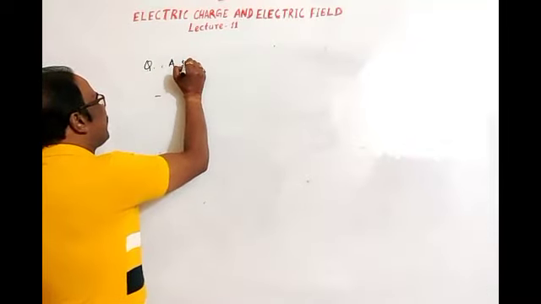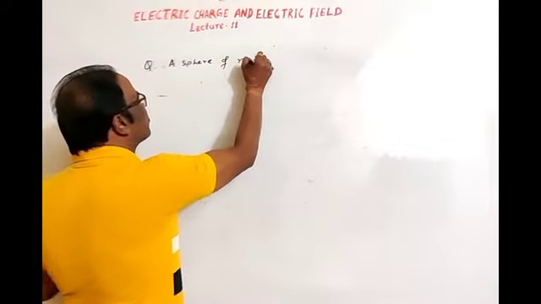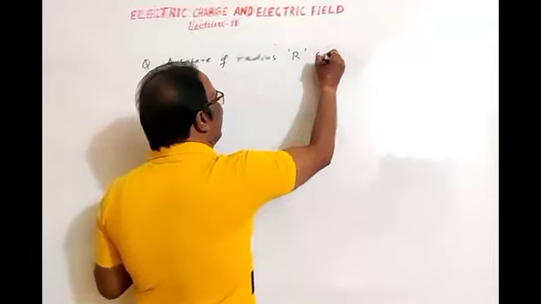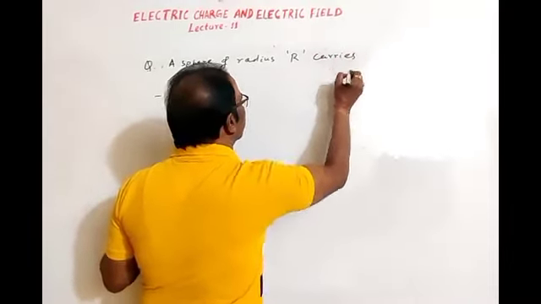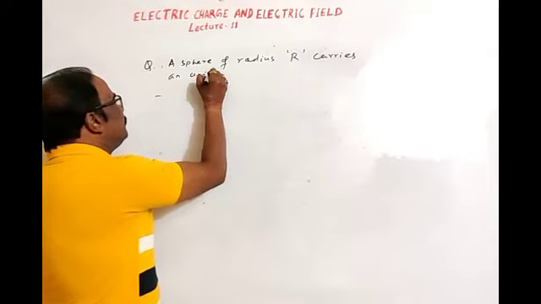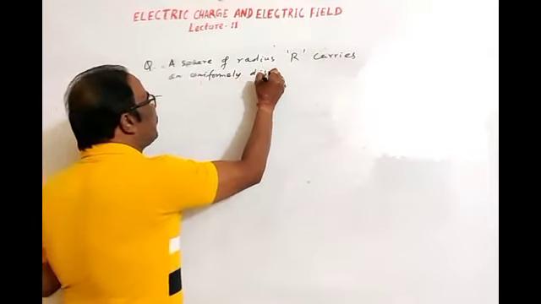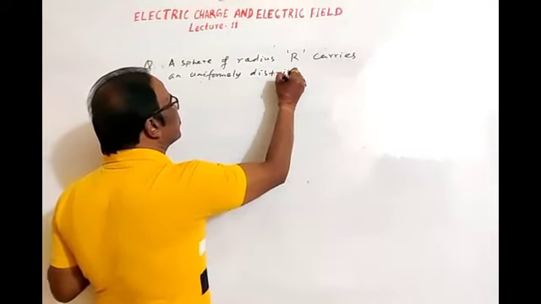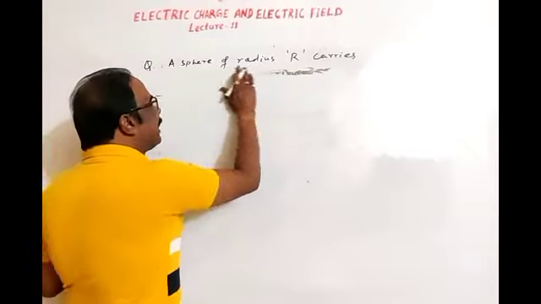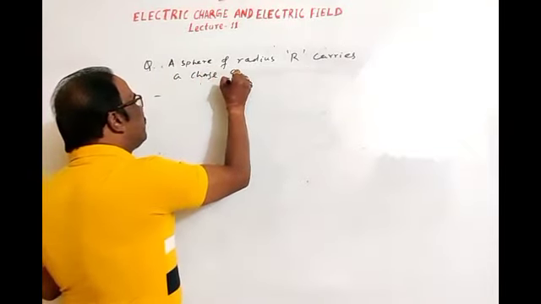A sphere of radius r carries a uniformly distributed charge, let it be plus q.